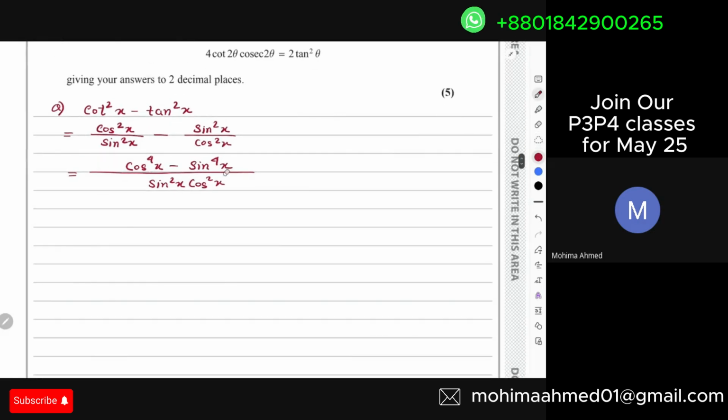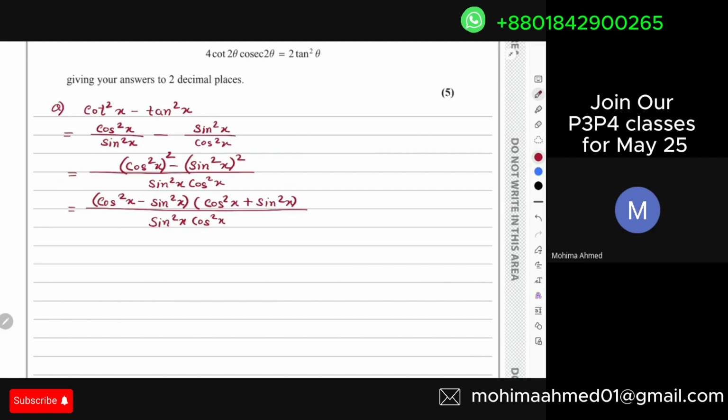I can now break this down. I can consider this as cos square x whole squared and then sine square x whole squared. So I can break this in the format of a square minus b square, which is going to be cos square x minus sine square x and then cos square x plus sine square x, divided by sine square x cos square x in the denominator.